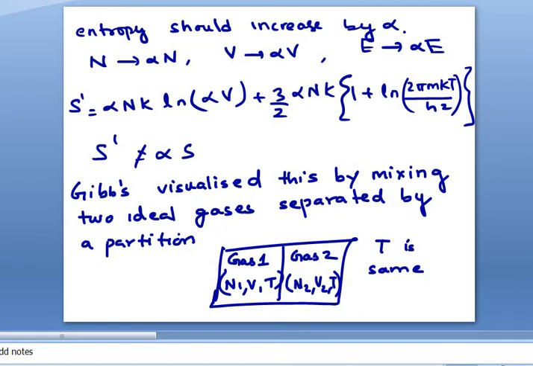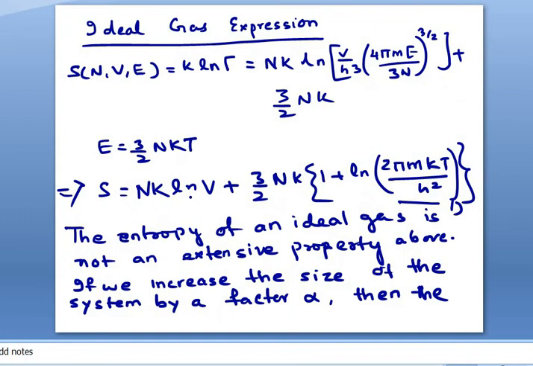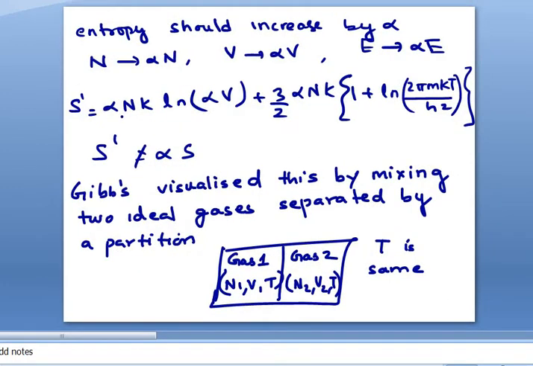If entropy increases by a factor alpha, then N goes as alpha N, V goes as alpha V, and E goes as alpha E, such that the new entropy S prime should be equal to alpha S. Whereas it doesn't happen. Suppose we substitute alpha for N and alpha for V, then what do you get? You get S prime as alpha Nk ln alpha V plus 3/2 alpha Nk times 1 plus ln 2 pi mkT by h square. This factor doesn't change when you take alpha N here.